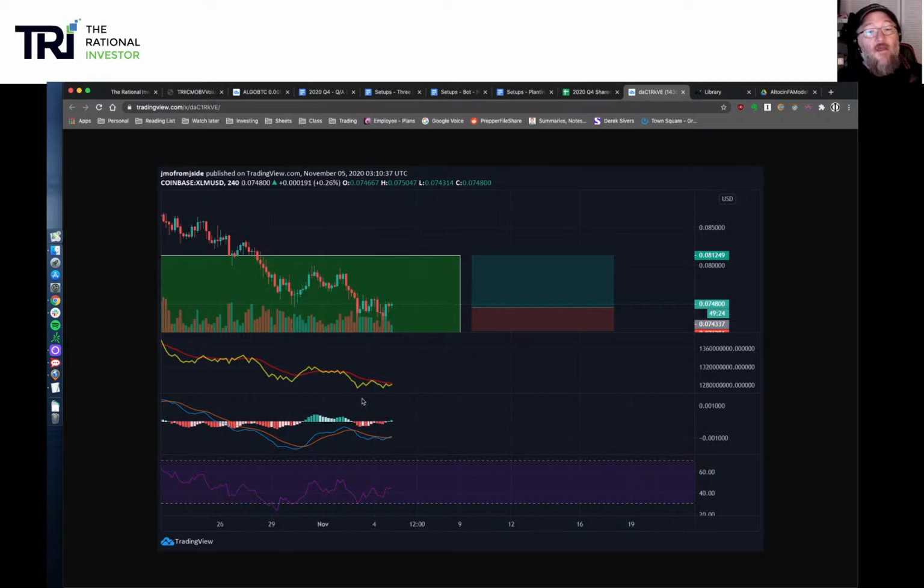Something I can show you that we learned last week: divergence, right? So we've got lower lows. Do you see how this low is lower than this one? But higher lows across the same time period on MACD. I don't know if we have higher lows on OBV. That looks like it might be the same level, but RSI certainly is showing higher lows.